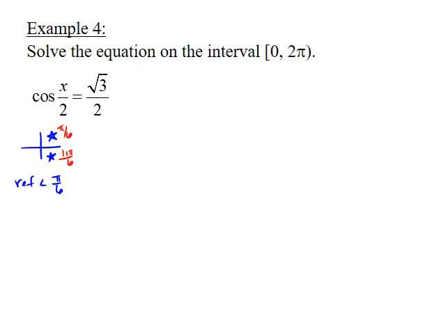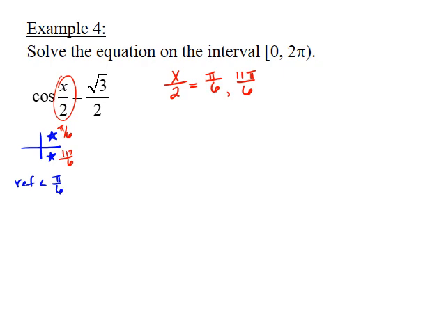But the issue here is that we are dealing with x over 2 and not just x. If we were just dealing with x, one full revolution would provide these two answers. But because we're dividing by 2, we will likely have more answers than just this.